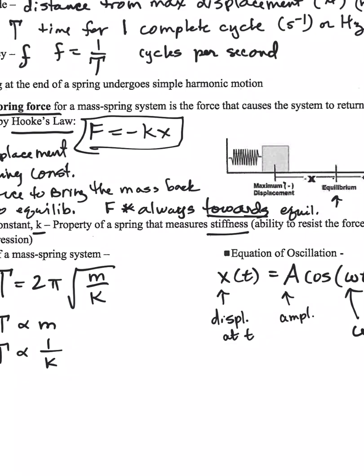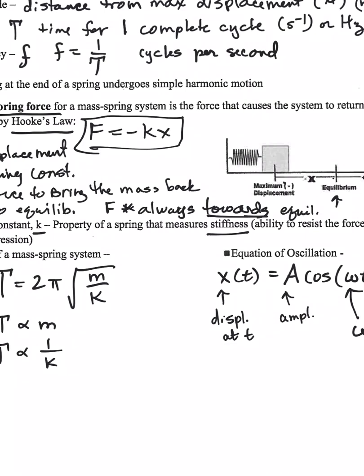Omega is actually 2 pi divided by the period. Okay? This little one right here, you don't have to worry about too much. This is what we call a phase constant. In other words, it talks about how much out of position it is when we first pull it back. That has to do with the initial position.